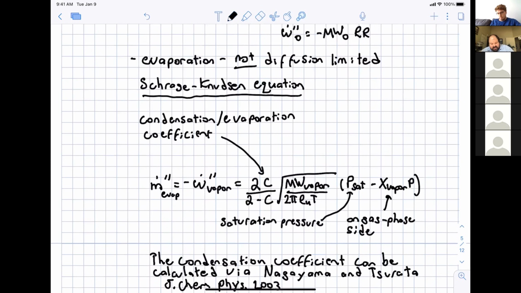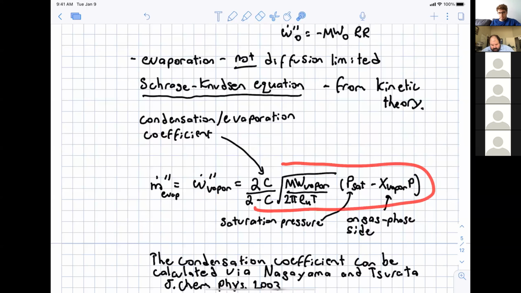This comes from the kinetic theory of gases. Basically the evaporation mass flux is equal to the production rate of vapor. I don't know why I have a minus sign there. Basically it's just equal to this expression here, where P is the saturation pressure.